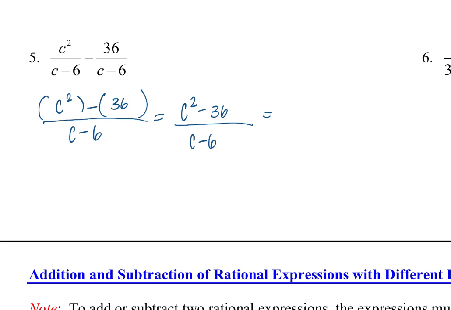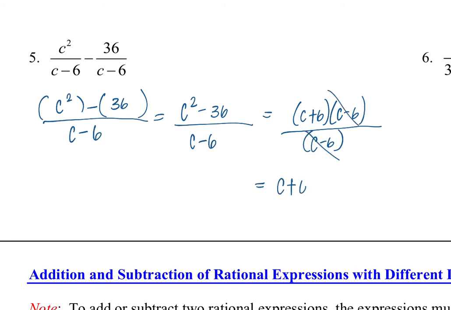Well, c squared minus 36 is a difference of squares. That's c plus 6 times c minus 6 all over c minus 6. That makes me feel good about my factoring because I had some cancellation. And we get an answer of c plus 6.